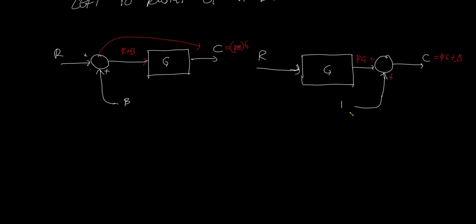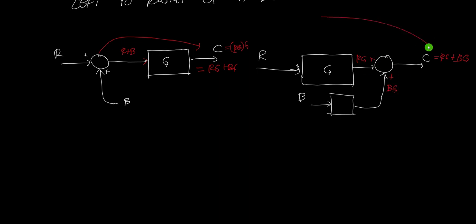So the path that we are moving is this one, B, so we need to put a block here, so that the output, if I add it with R times G, is equal to R plus B times G. This can be written by distributing: RG plus B times G. We already have RG, so we need here a B times G. So this block should give B times G, so that my output will be RG plus B times G.